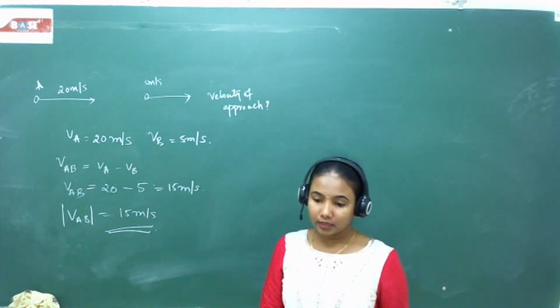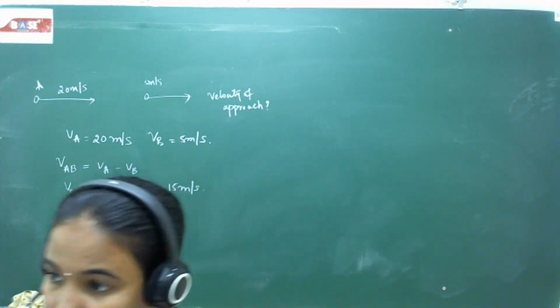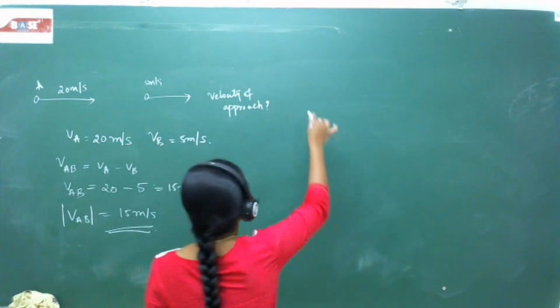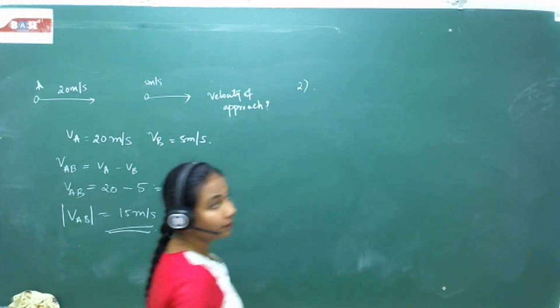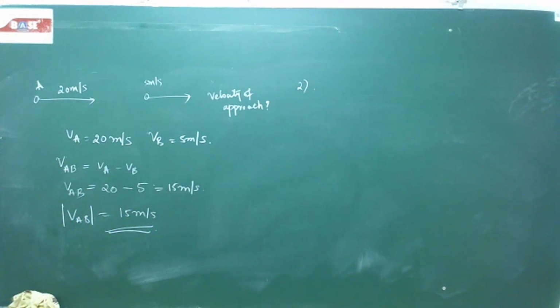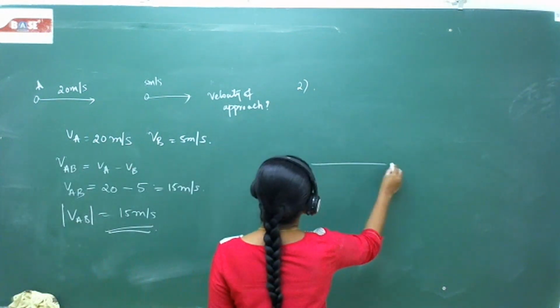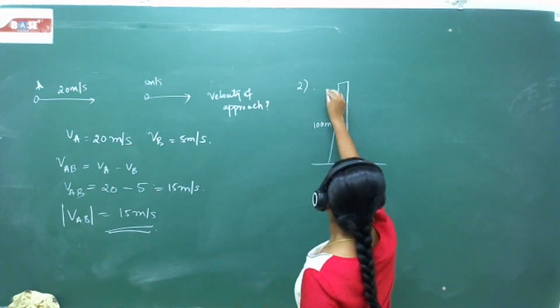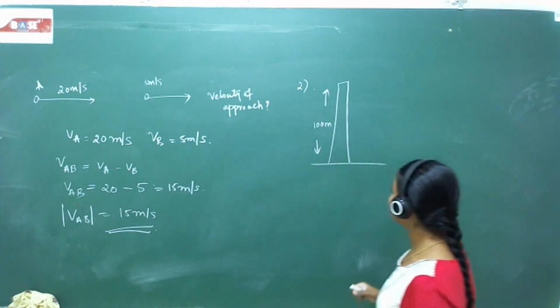Now we'll do another problem based on relative motion. They have shown it in the diagram. There is a tower of 100 meter height.